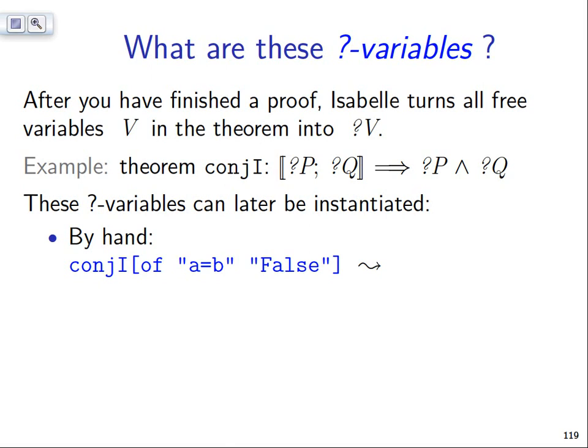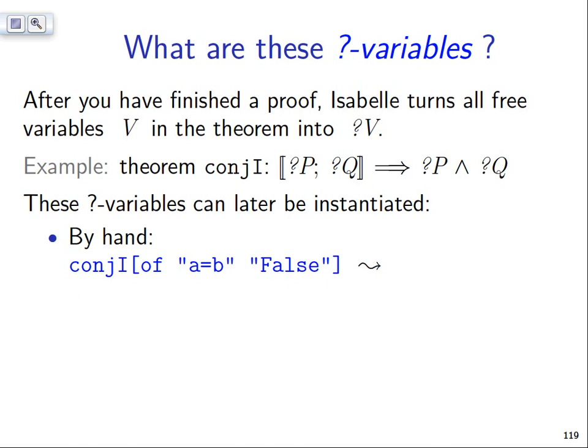So here we're specializing the theorem conjunction introduction, which is that theorem up there, and this is the format such a specialization or instantiation takes. This is the operator, so it's a bit of an unusual syntax. So it says, take the conjunction introduction rule and now specialize it, instantiate it with these two formulas.